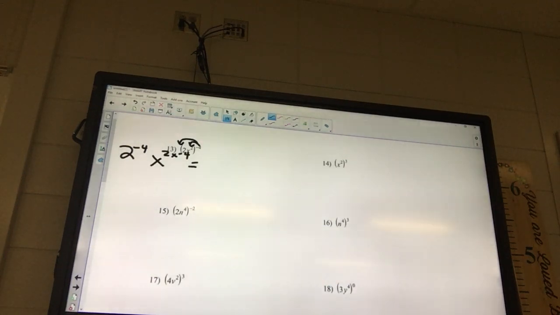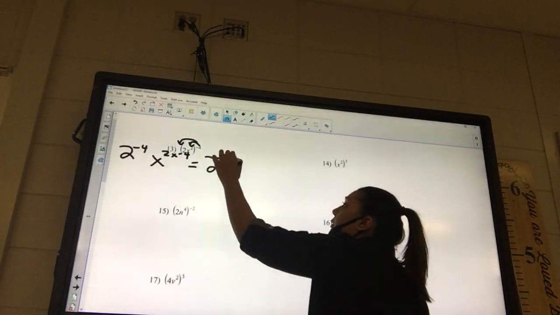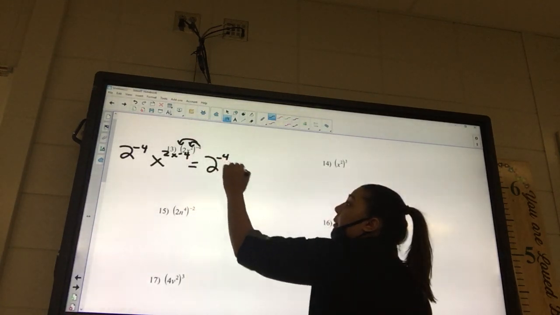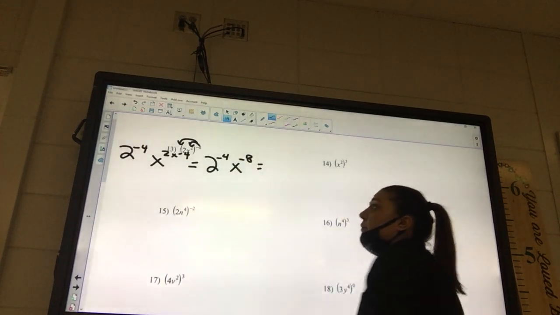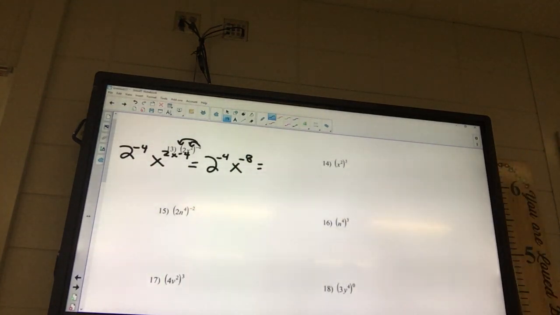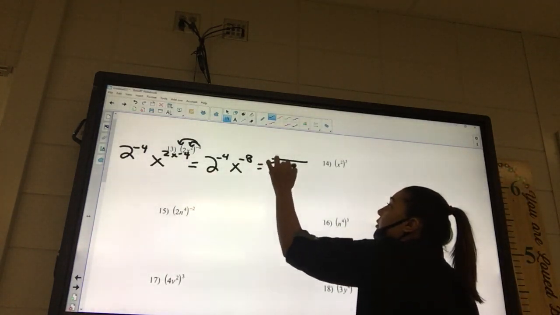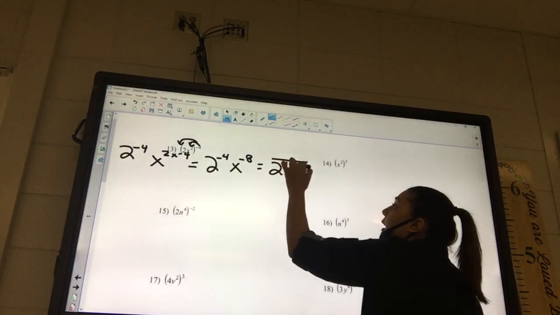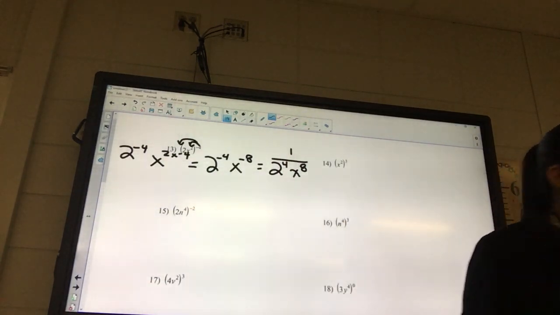Some of you are not going to be able to. So I'm going to have 2 to the negative 4 still, and then x to the negative 8. Where do negatives go? Bottom. So what's really happening here is going to be 2 to the 4th, x to the 8th over 1.